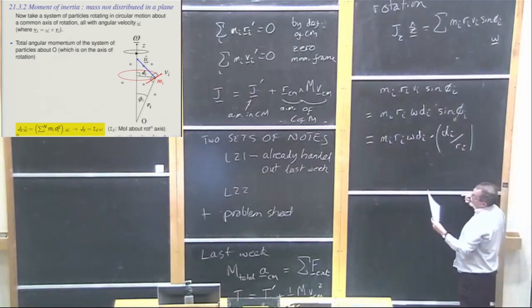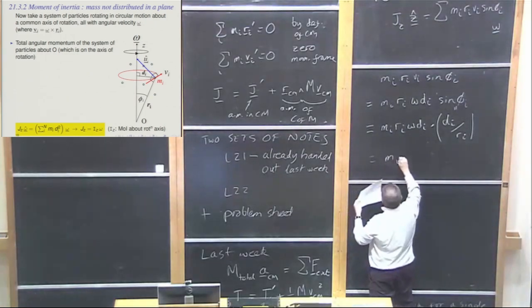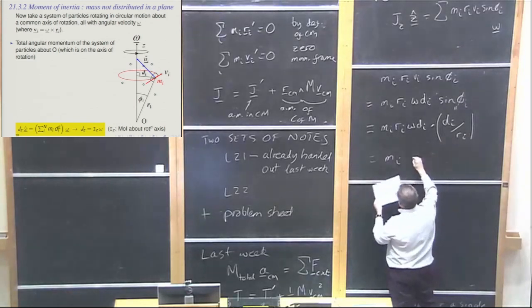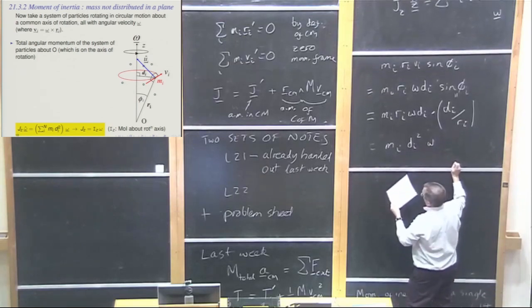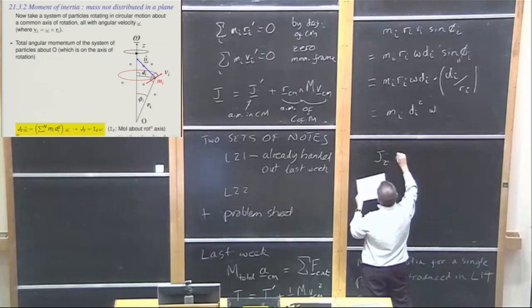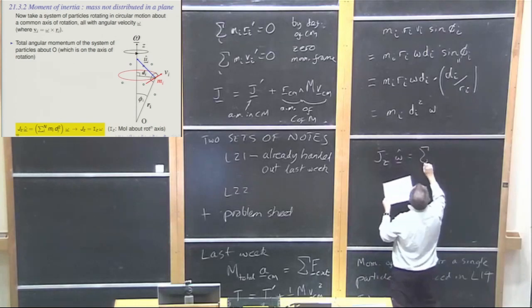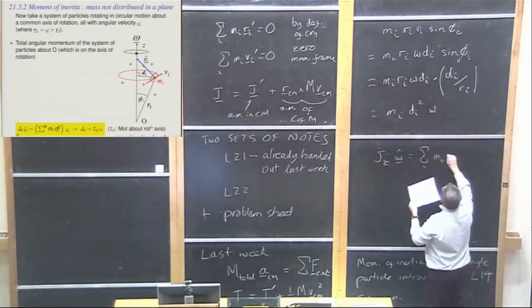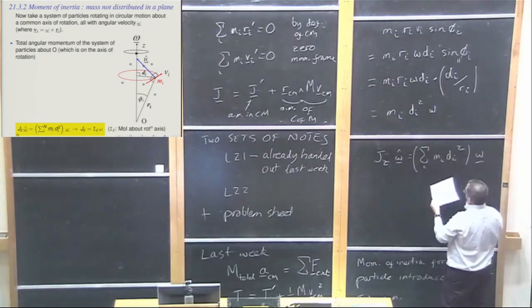And so we're left with Mi, these Ri's cancel, di squared omega, right? Hence, Jz omega hat is the same as the sum over Mi di squared times omega.